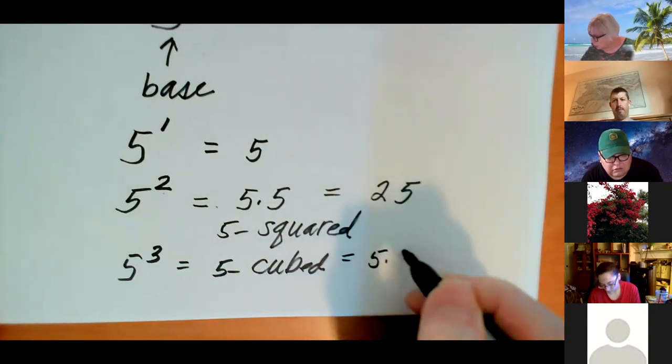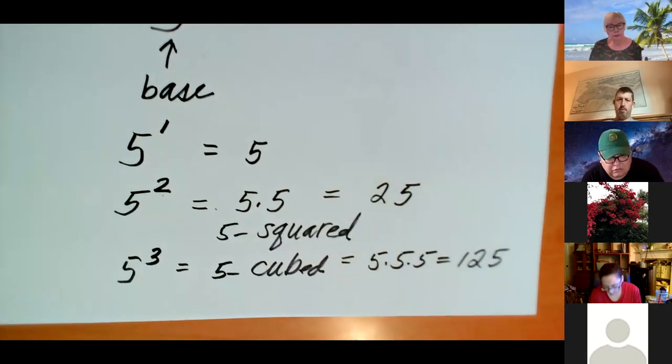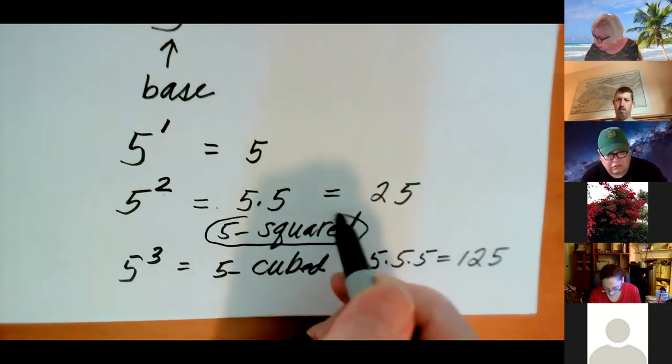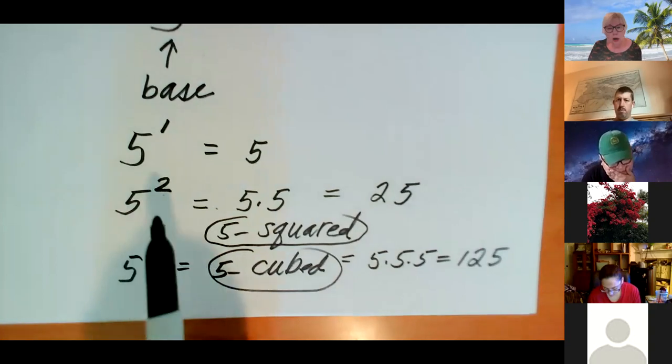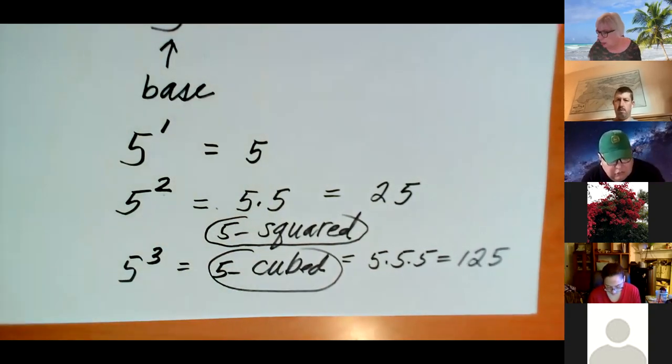And so we're talking 3 5s multiplied, which again is 125. Okay. Now, the only 2 that have nicknames, and I'm calling the square and the cube nicknames, are these 2, to the second power and to the third power. Where did this come from?